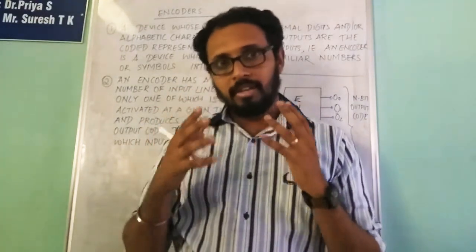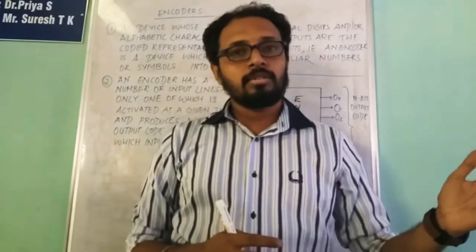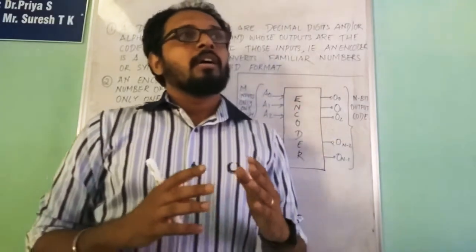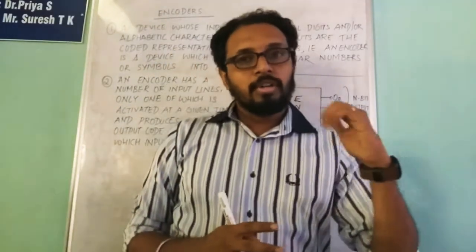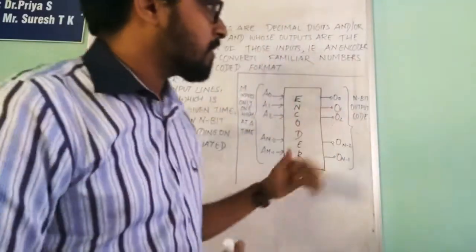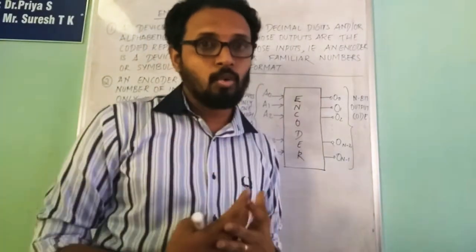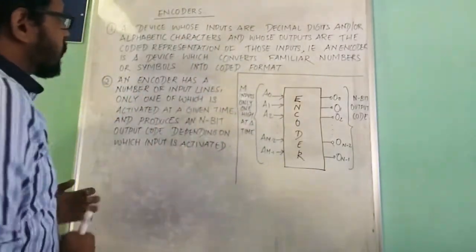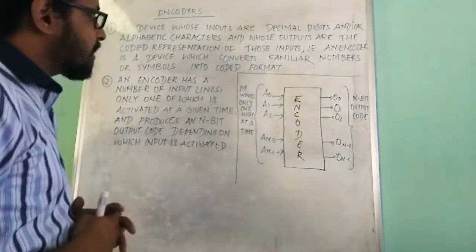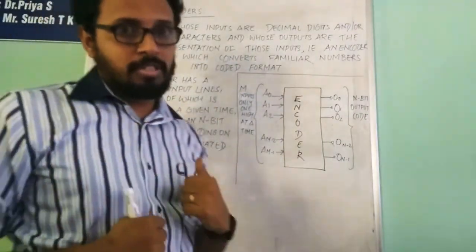What is the concept behind encoding, and we also come across the concept of decoder. For designing an encoder circuit, I have written a set of things that will be helpful when you prepare notes. An encoder is a device whose inputs are decimal digits or alphabetic characters and whose outputs are the coded representation of those inputs.